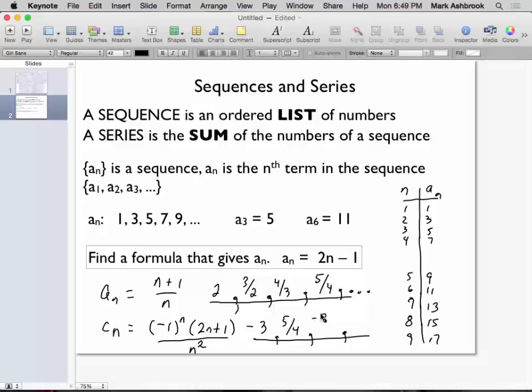Negative 7 ninths? Positive 9 sixteenths. Okay, that's called an alternating sequence, because the sign alternates. Negative, positive, negative, positive. So that's called an alternating sequence. Okay, questions so far?